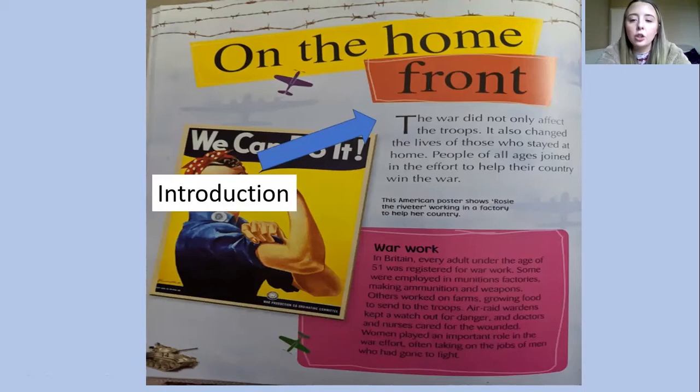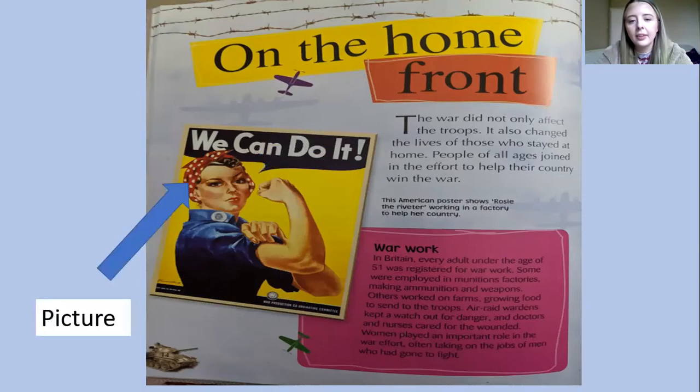People of all ages joined in the effort to help their country win the war. So that's just summarising what the home front actually is and what people did. With a bit of a summary, then the chunkier bits of text down here will give a little bit more information. So it's a very broad summary of what the page will be about. And that's what our introduction is for, to introduce us to that page.